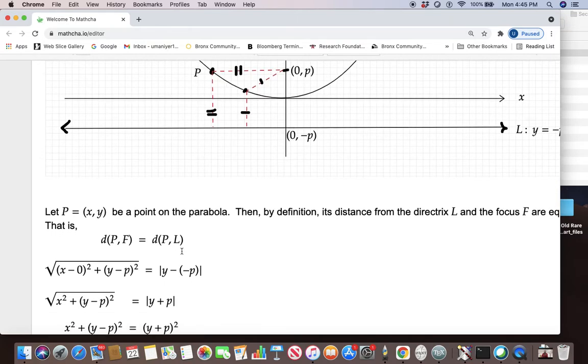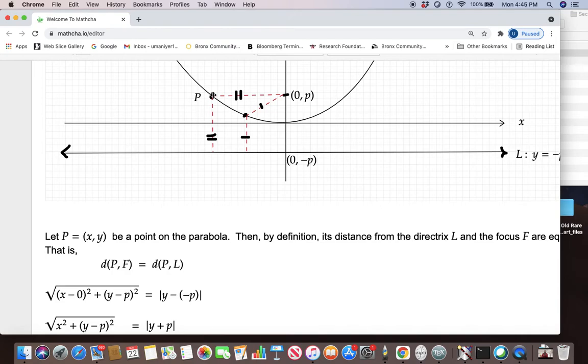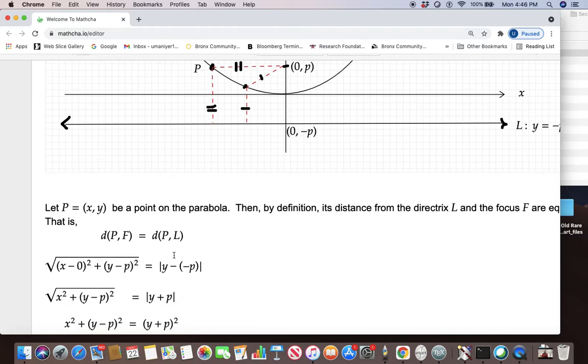Distance of the point to L: the distance is the vertical distance. The vertical distance is the difference in y coordinates. The y coordinate for P is y. The y coordinate of L is negative p. So the difference between these two is y plus p.